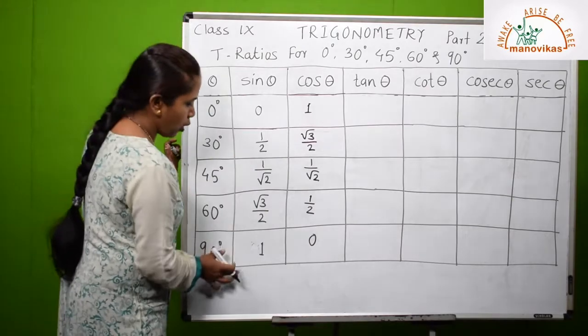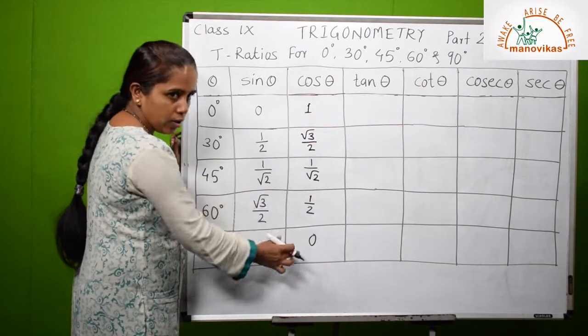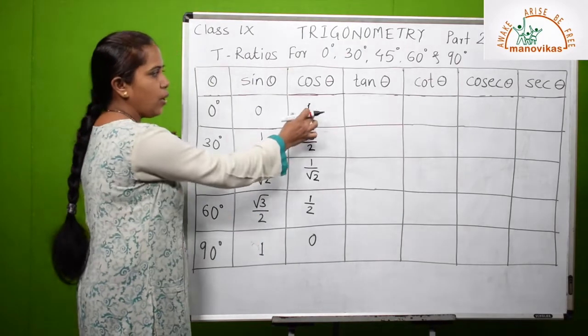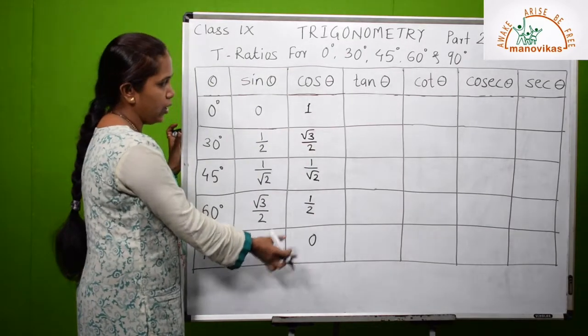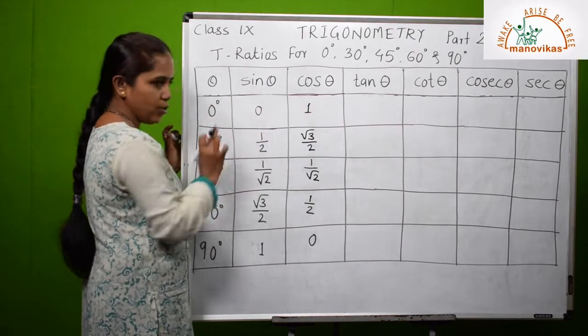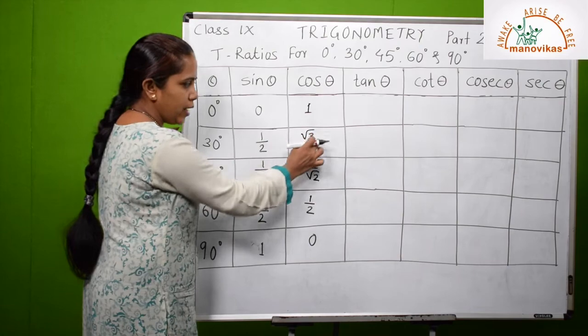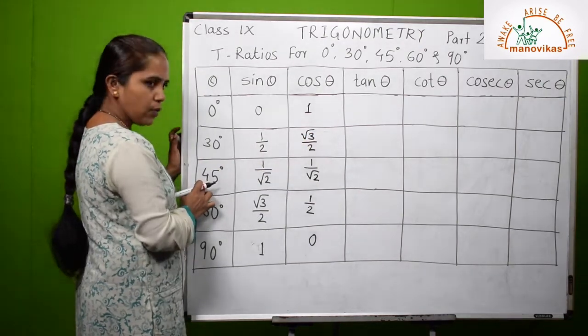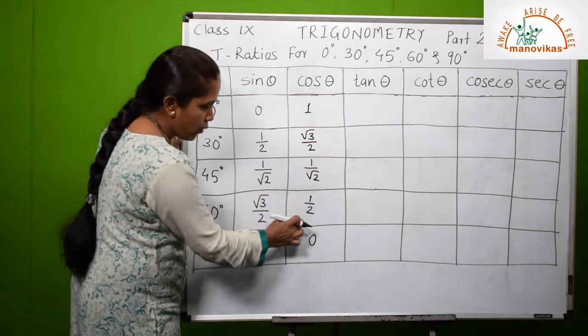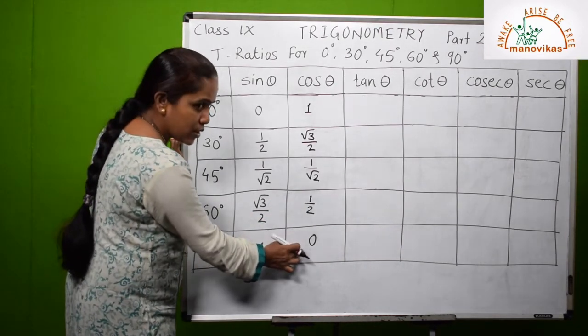So the first column I have written in opposite way. From 0 to 1, I have written 1 to 0 values here. Those are the values: cos 0 degree is 1, cos 30 degree is root 3 by 2, cos 45 degree is 1 upon root 2, cos 60 is half and cos 90 is 0.